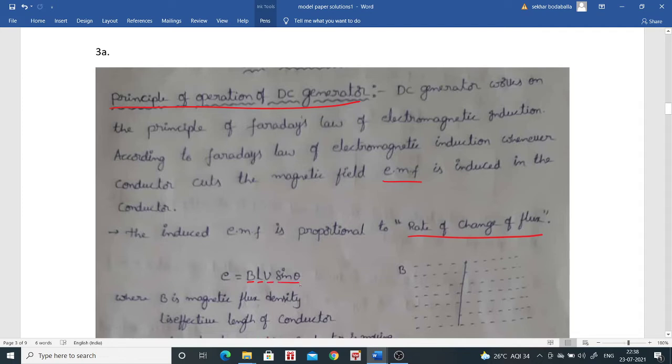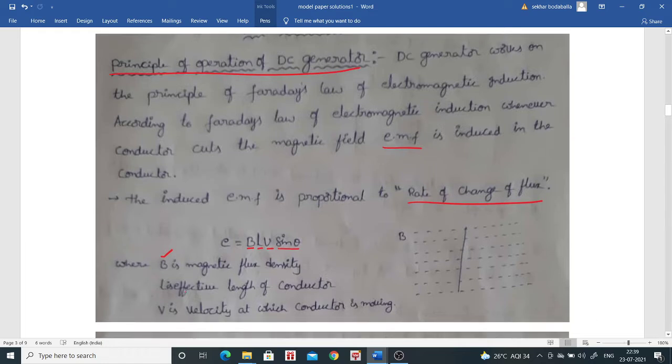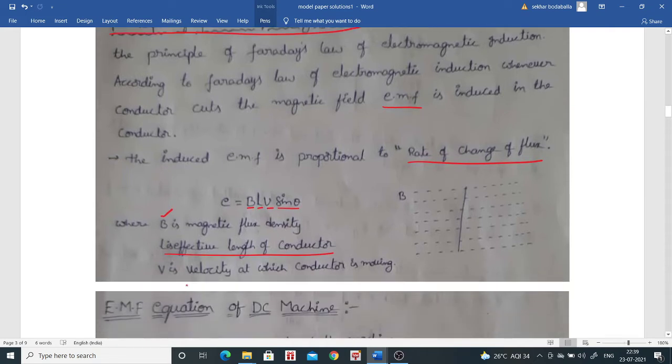So BLV sine theta is the induced EMF equation. Here B is the magnetic flux density, L is the effective length of the conductor, and V is the velocity at which the conductor is moving.